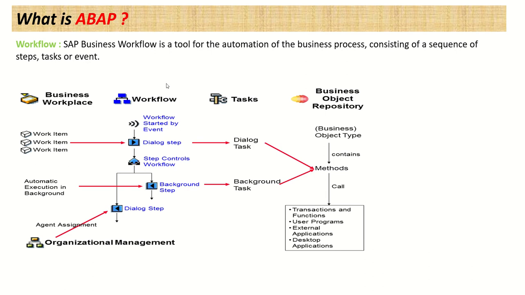So as a consultant, I will create the purchase order, but my manager needs to approve that. So for that purpose, in SAP, there is a concept of workflow, business process automation. Okay, so those are some of the basic objects as an ABAP consultant we should know.